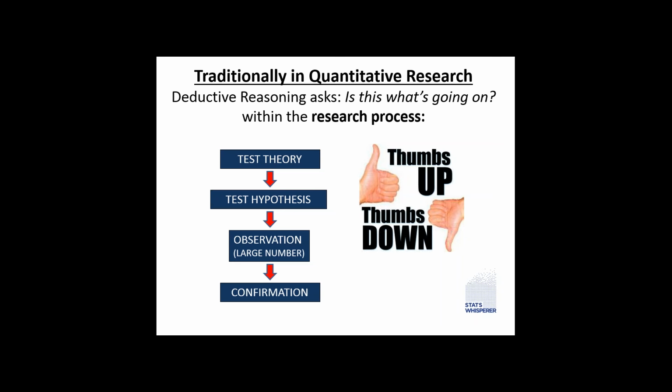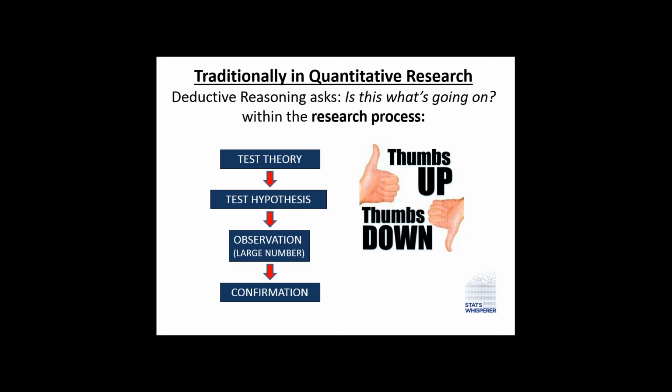So we take the theory and hypothesis, then from an observation, more rigorous research methods, the variables are measured more precisely with measures typically, and a larger number of study participants are observed, right? And through statistical testing, we either confirm if the theory and hypotheses are supported or not supported.